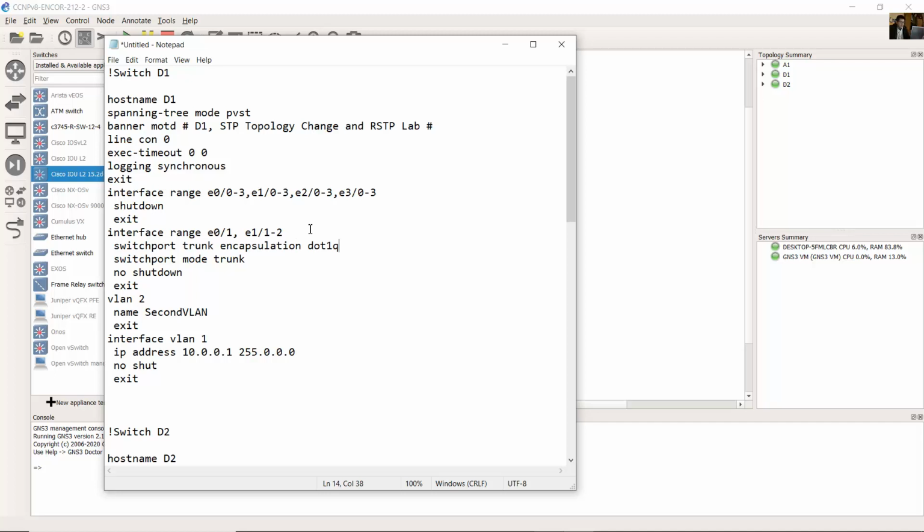encapsulation dot1q. Okay, you need to specify the encapsulation before you configure the trunk.